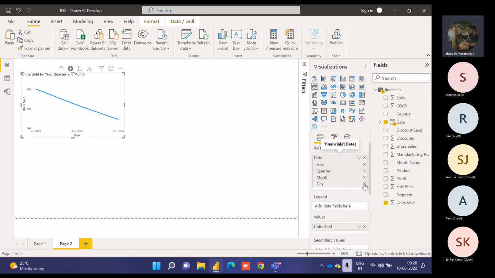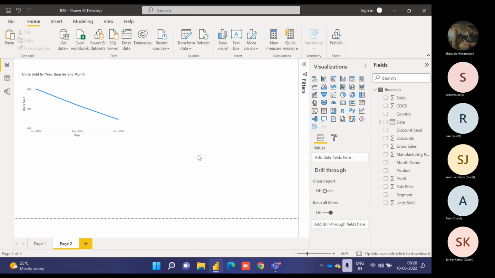We don't need day, so I'll just remove it, because we have monthly data. When you want to view the lowest level, you will go on clicking on a pointer and it would go down as you do so.